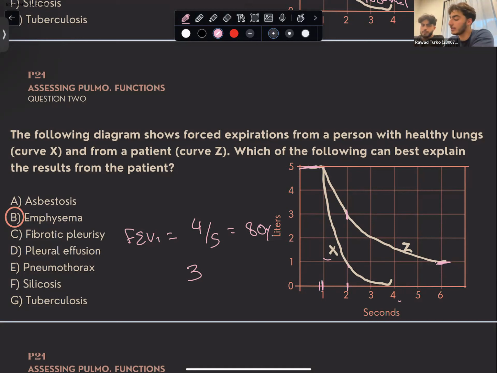So this time it wouldn't be 3 out of 5. Or sorry, I keep putting 3. It's 2. It wouldn't be 2 out of 5. It would be 2 out of 4 because they're only going down to 1 and not 0. So 5 minus 1 obviously is 4. So this person's FEV1 is 50%. The diseased patient. Does that make sense?